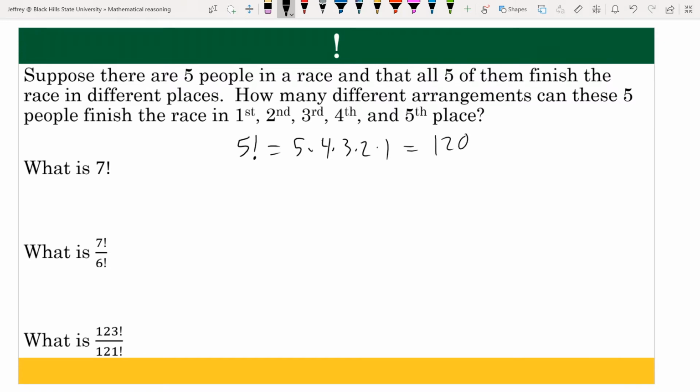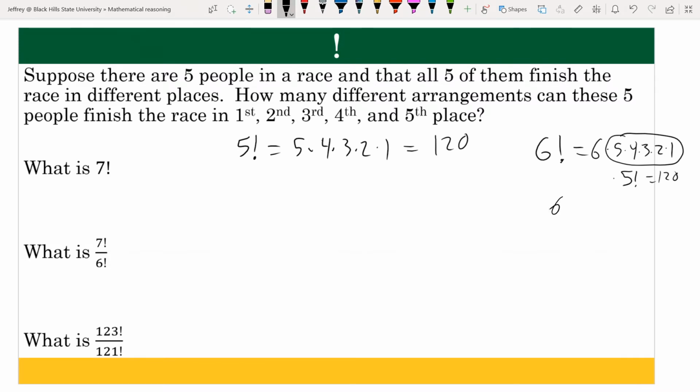For fun, let's go ahead and look at 6 factorial. 6 factorial, of course, is just 6 times 5 times 4 times 3 times 2 times 1. And you probably noticed that we already know what this part is. This is simply 5 factorial, or 120.